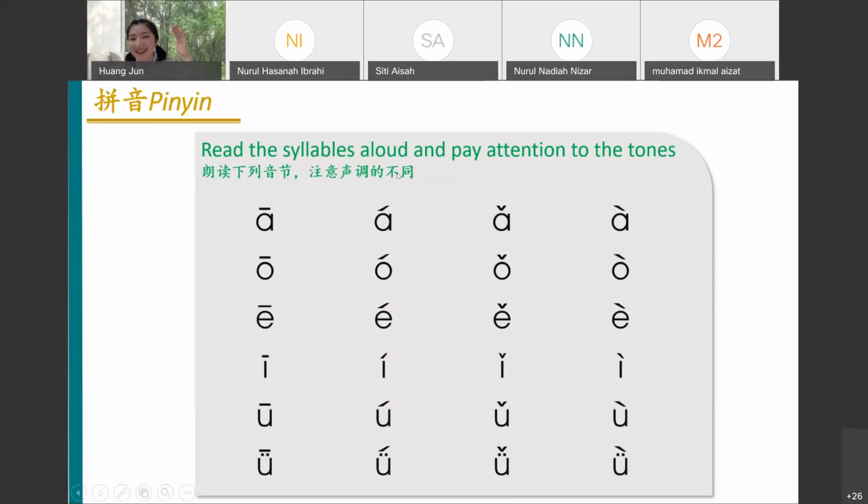Second one. So let's try again. Okay, then try to read at the same time. I read first, then you just follow me. So serious.